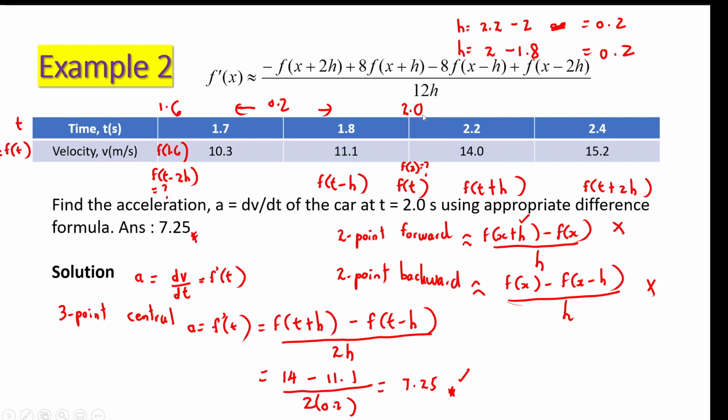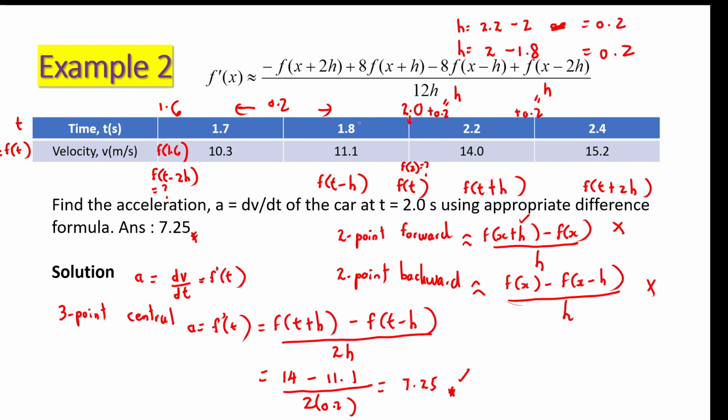And 2 decreasing to 1.8, the decrement is 0.2, meaning 2 minus 0.2, you get 1.8. Here you're standing at t equals 2. If you add 0.2, you get 2.2. Add 0.2 again, you get 2.4. So the 0.2 here is what we call h.